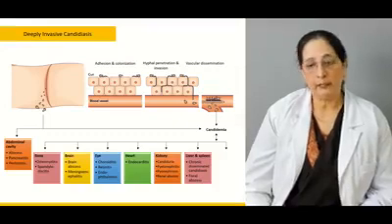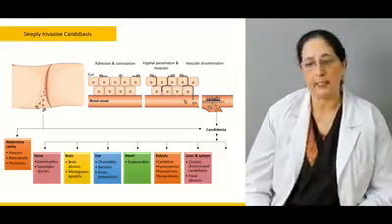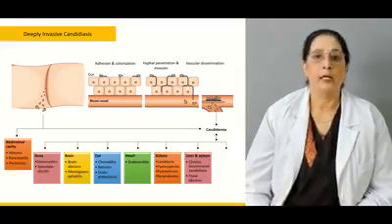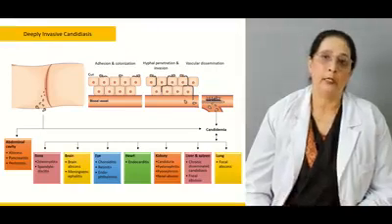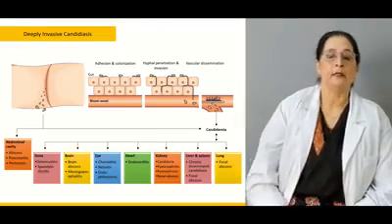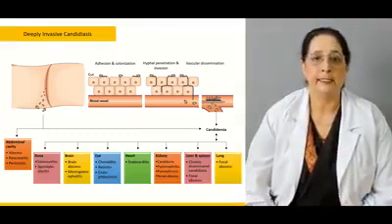If it spreads to the liver and spleen, it causes chronic disseminated candidiasis and focal abscess formation. Lung again causes focal abscess. So all these are examples of deeply invasive candidiasis.